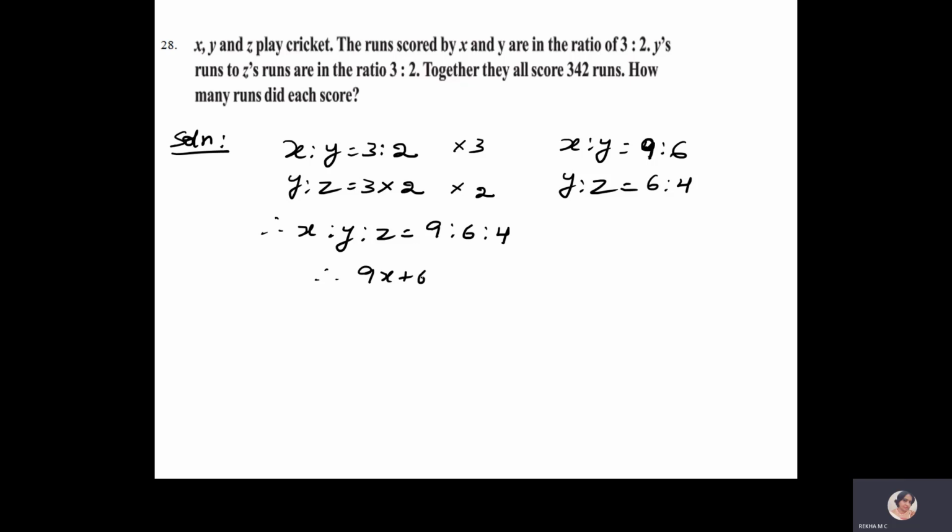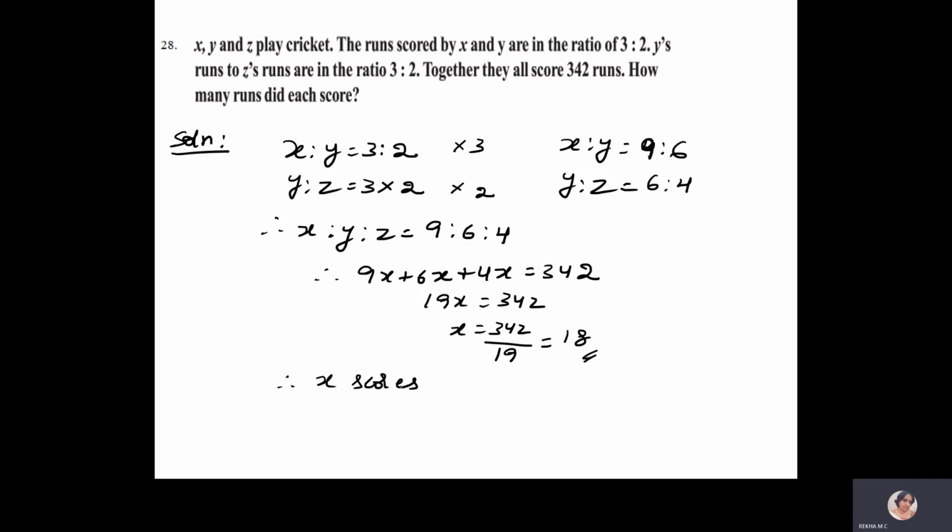Therefore, 9x plus 6x plus 4x is equal to total runs, 342. So 19x is equal to 342. X is equal to 342 divided by 19. That is equal to 18. So therefore, X scores 9 into 18, that is 162 runs.